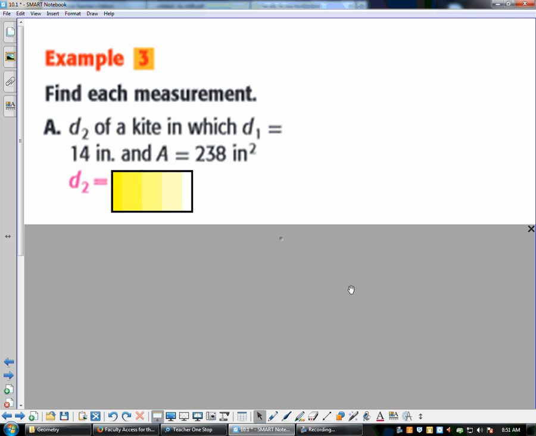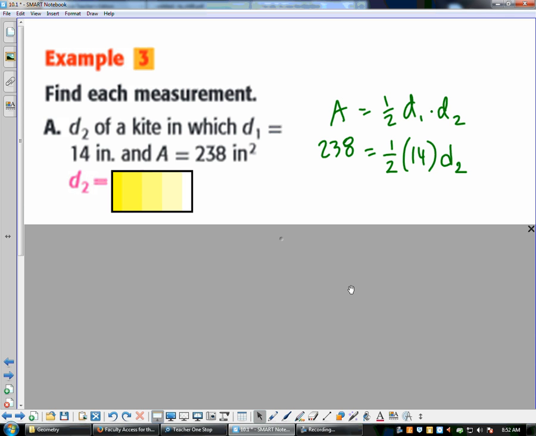So how are we going to set this up? Julia: So 1/2 of 14 times D sub 2.